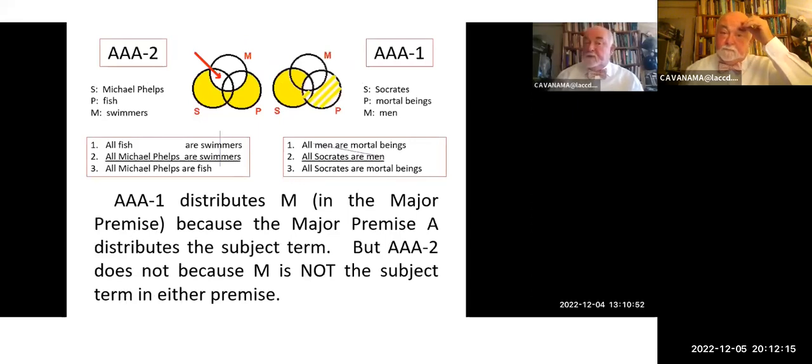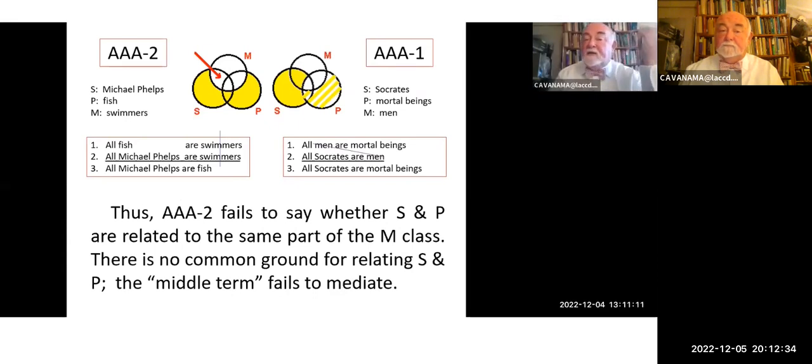And this is what we see if we compare the Barbara with the other similar one, AAA2. AAA1 distributes M in the major premise because major premise A distributes the subject term, but AAA2 does not because M is not the subject term in either premise. So AAA2 fails to say whether S and P are related to the same part of the M class.